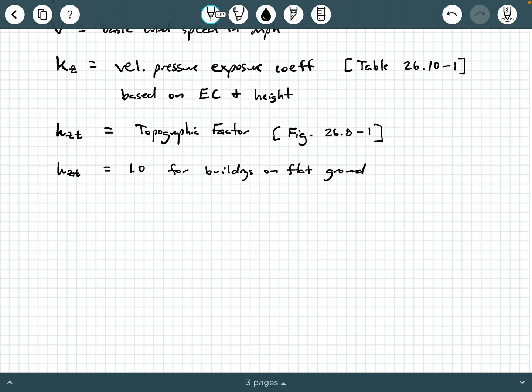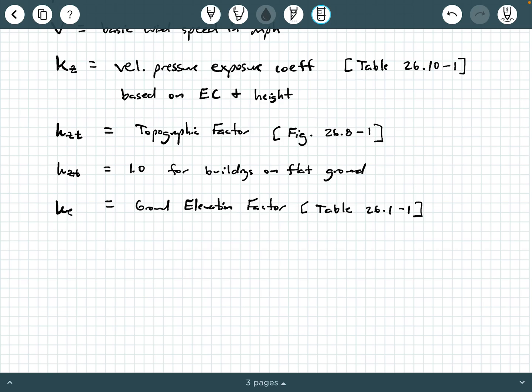Okay, what about KE? KE is called the ground elevation factor, and from ASCE 7-22, this is going to be table 26.9-1.